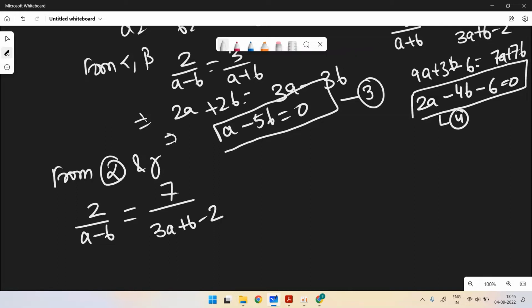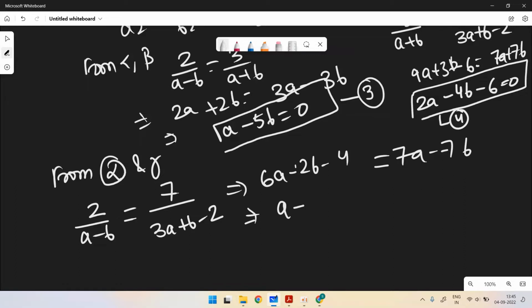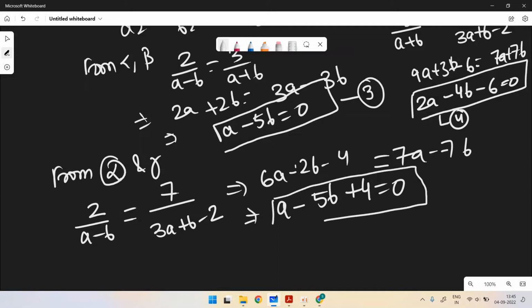If you cross multiply, this becomes 6a plus 2b minus 4 equal to 7a minus 7b. You take terms to one side, so we get a minus 5b plus 4 equal to 0. This is my fifth equation.